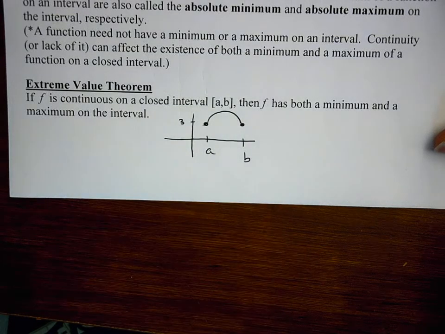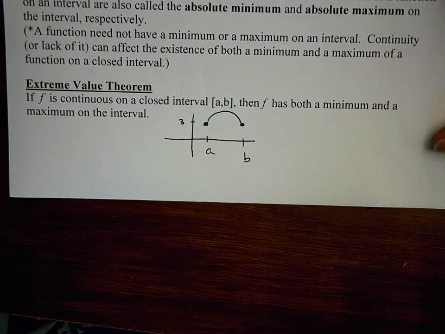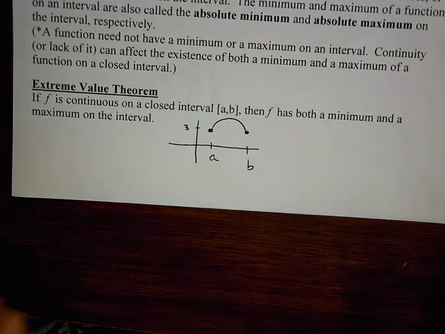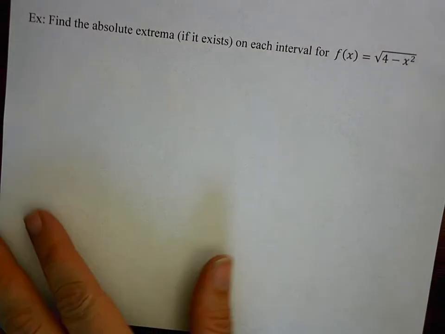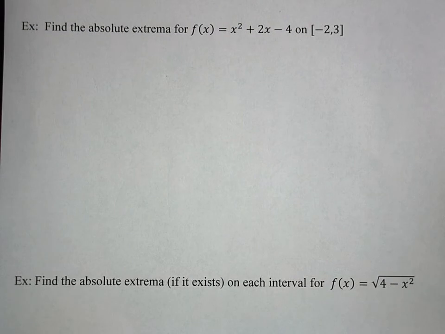And if you flip it around, it would be kind of the same idea. The weirdo thing, though, is if it's constant, which isn't very helpful, but it is what it is. Okay, so let's take a look at an example here. Go ahead and write this one down for me.